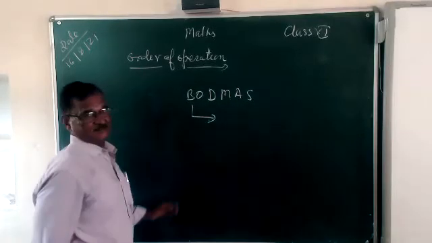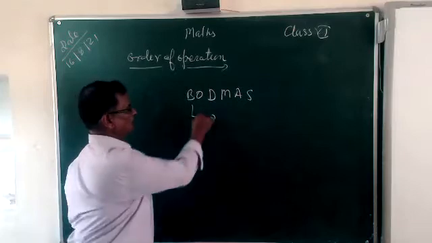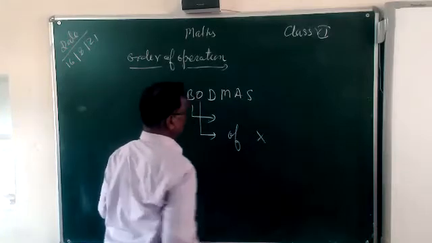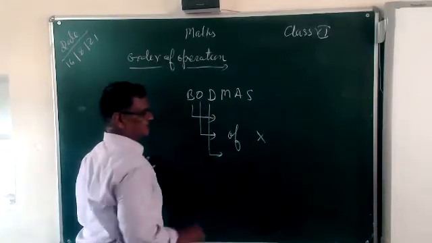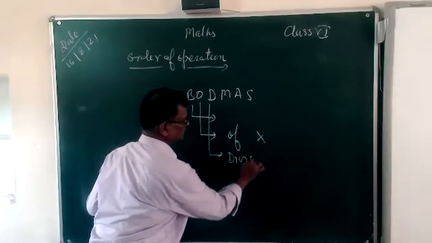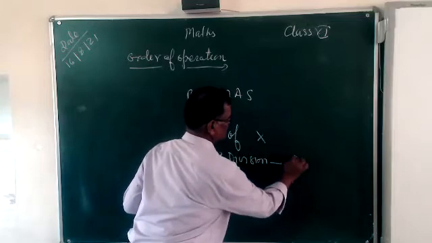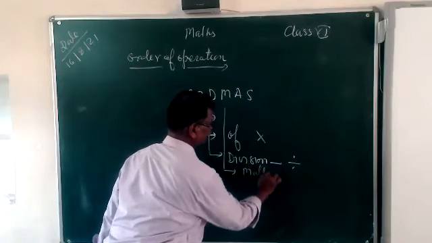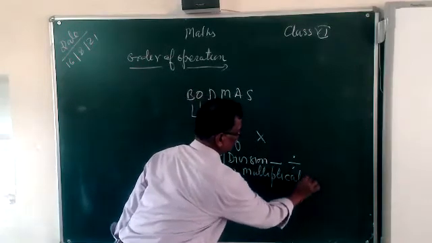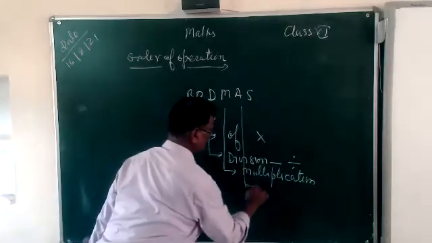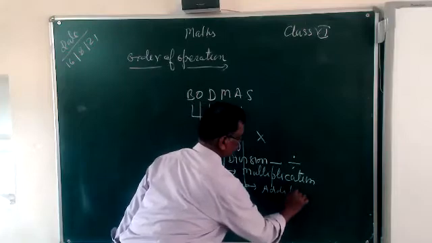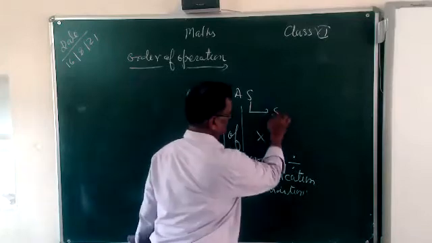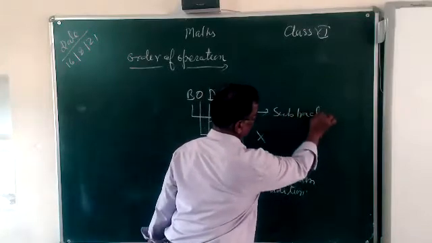B stands for brackets, and O stands for 'of', that means multiplication, and D means division, that symbol is division, and M means multiplication, A means addition, and S stands for subtraction.